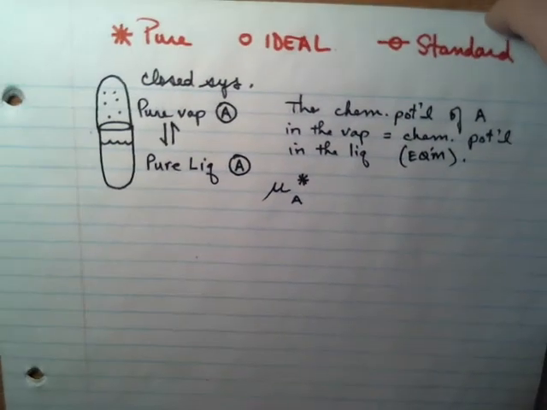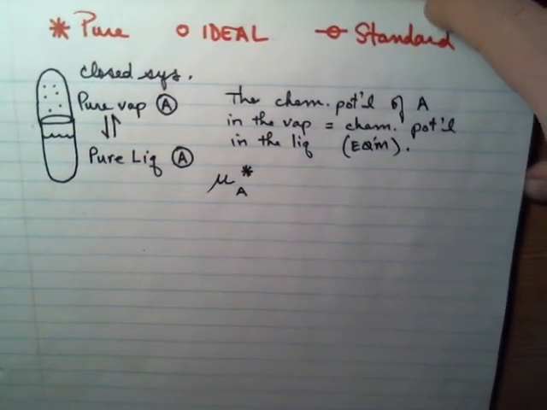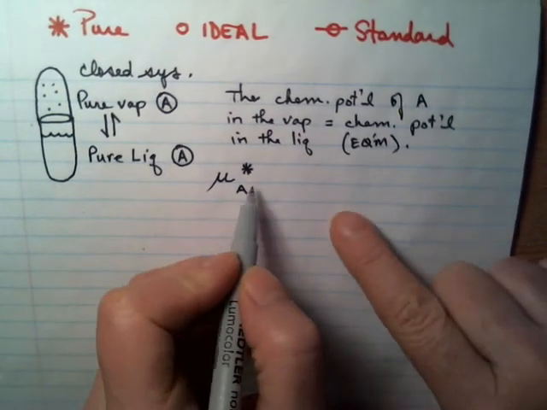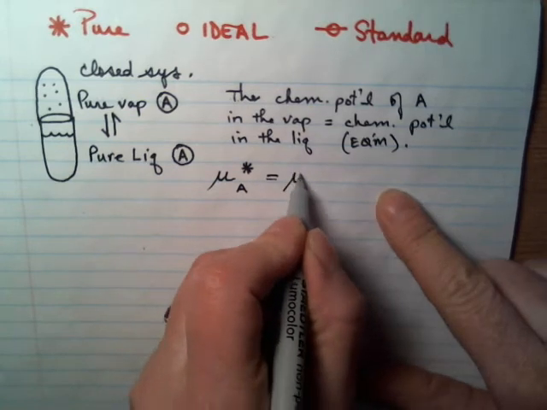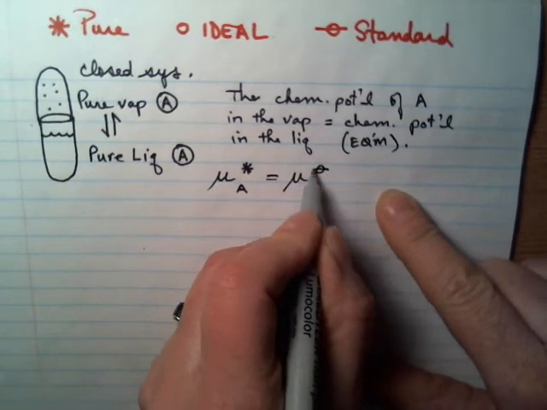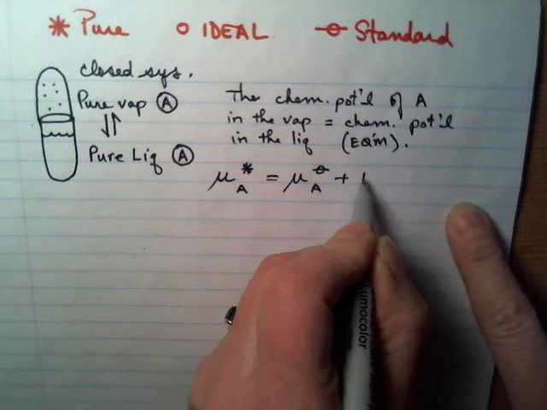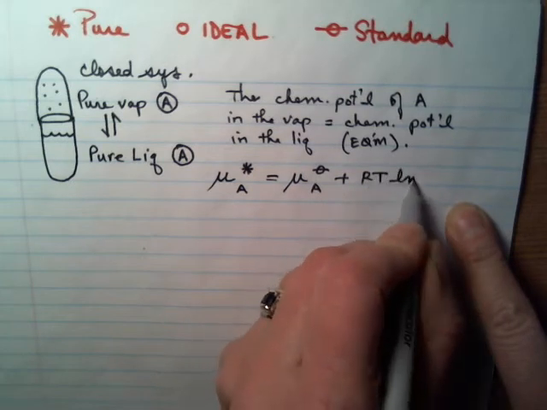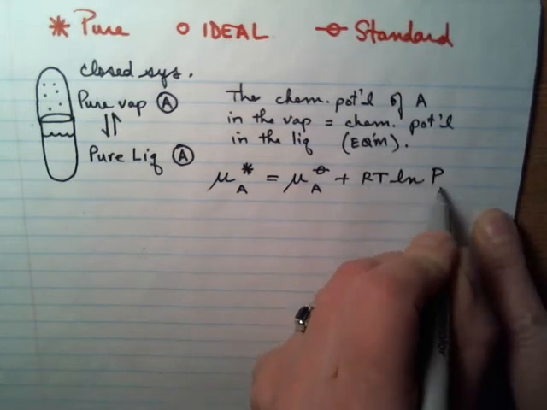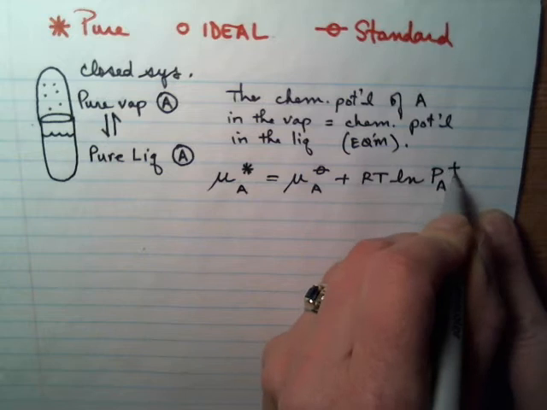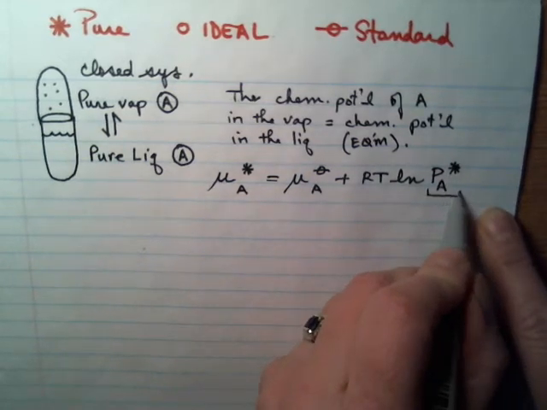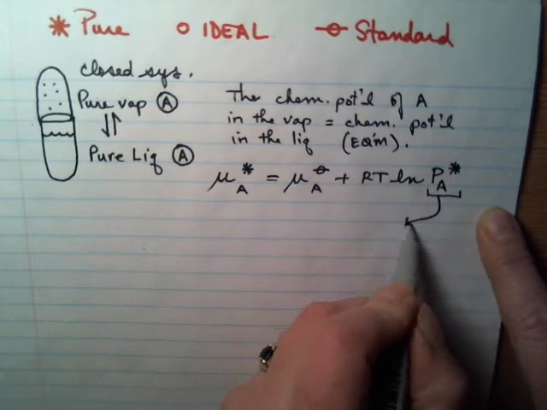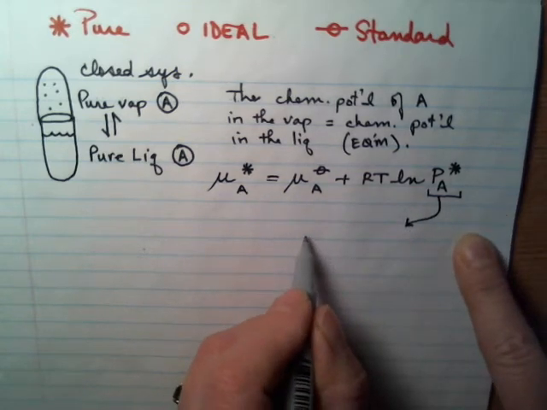So here I have that the chemical potential of pure A is equal to its standard plus RT ln P. It's always RT ln P, but the P here is the vapor pressure above its pure liquid. And this is something that I can find in a table.